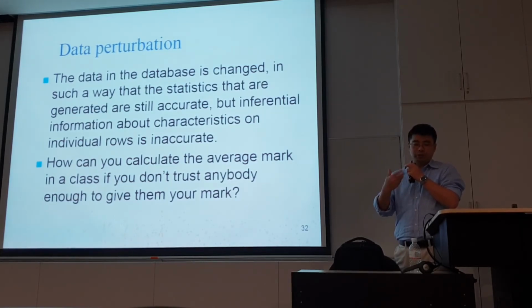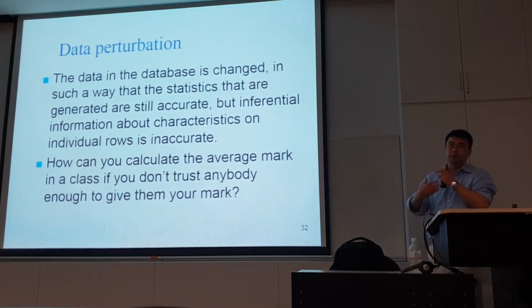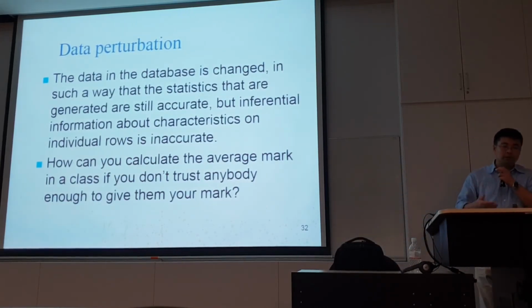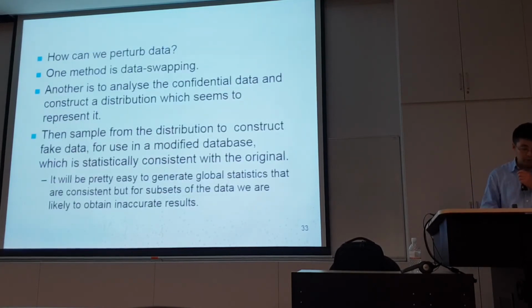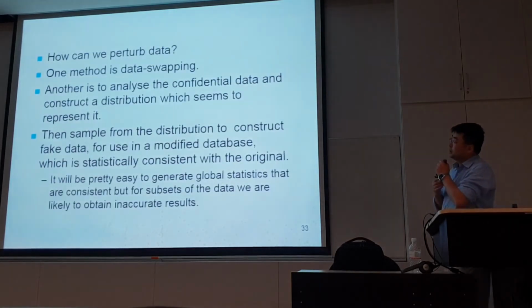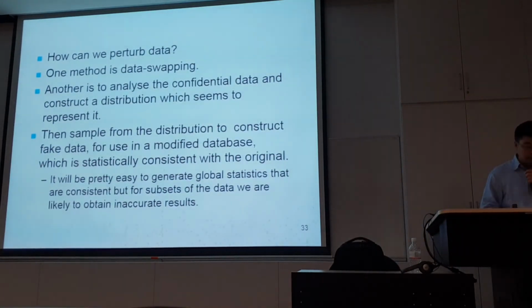But when you try to infer an individual record, the data is wrong because you swapped the salary of different people in the table. So only the statistical data is accurate, but the actual data is incorrect. Right, so this is one method. This is called data swapping. This is one type of perturbation that we can do.